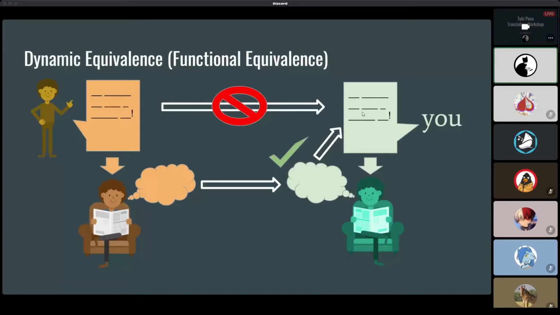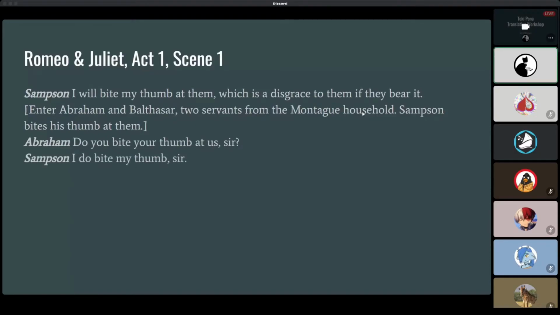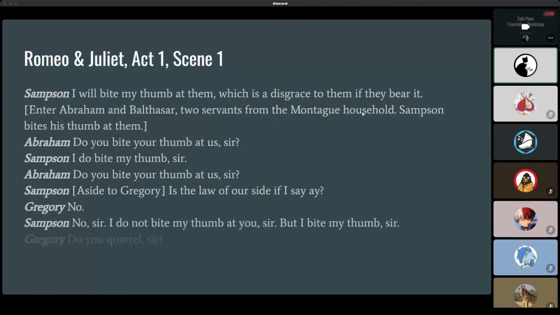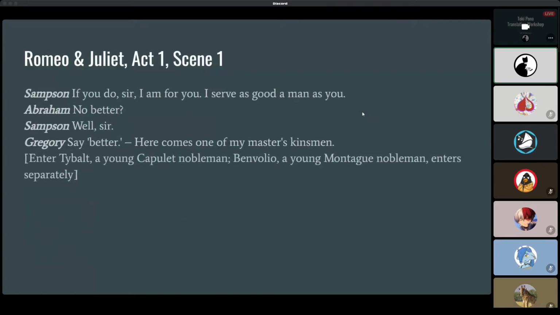So, scene from earlier in the play, this is Act 1, Scene 1. And so Samson is a Montague, he's one of Romeo's guys. "I will bite my thumb at them, which is a disgrace to them if they bear it." And then Abraham is from Capulet, he's from Juliet's side, and they get into this argument, and they start fighting.